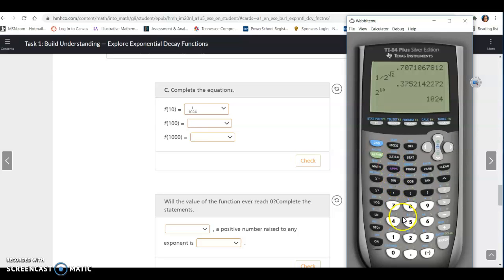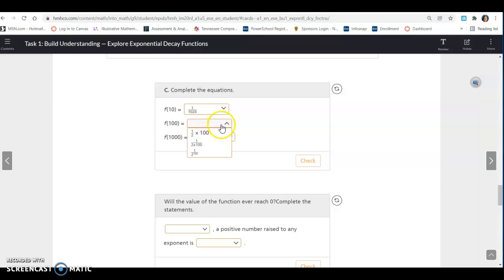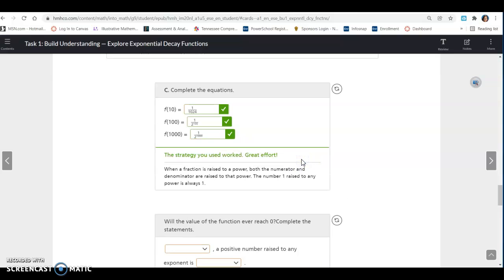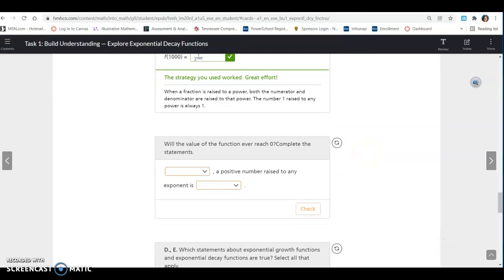And 100 is going to be 1 over 2 raised to the 100. Very large number. Let's see what our choices are here. All right, they just leave it in exponential form. So 1 to any power is 1, and 2 to the 100 power, probably the same thing here. All right, so remember you do your numerator and your denominator to the same power.